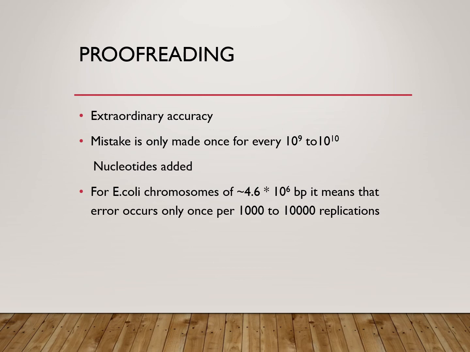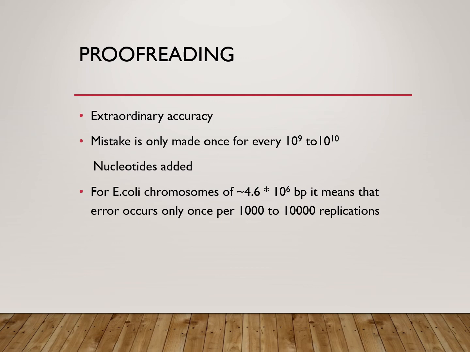So if there is any mistake during replication, then the product of that gene, that is the protein, either will not be synthesized, or if synthesized, it may not function the way it is supposed to.